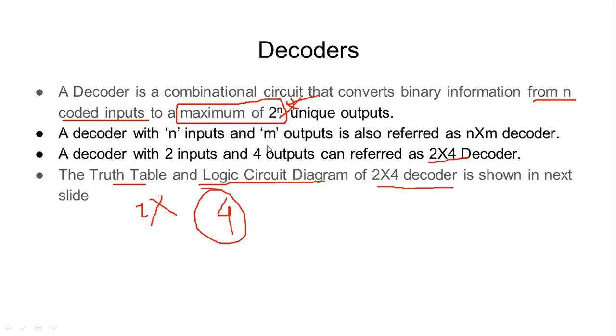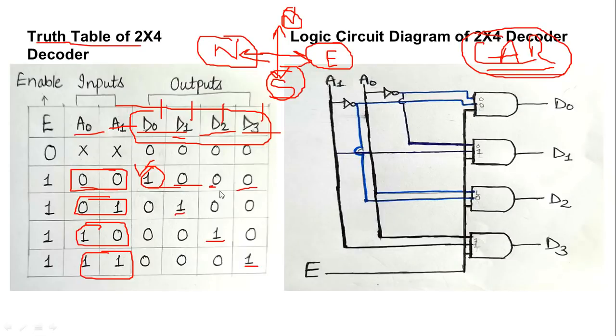One important aspect other than this is the enable input. Decoders work with an enable kind of input value, and trust me, enable plays a very important role within the decoder. We will understand its importance in the later part of the section. Here we will just understand what enable is for. Even in the logic circuit diagram, I am using this E value here.